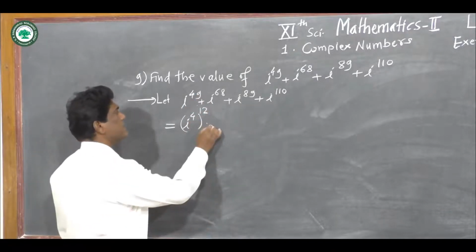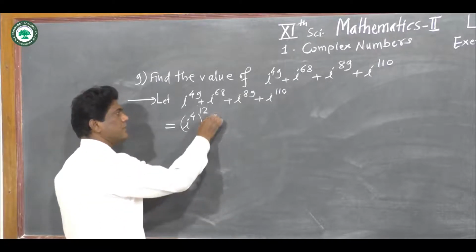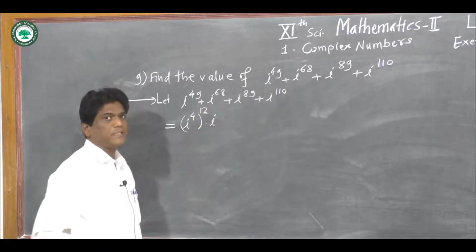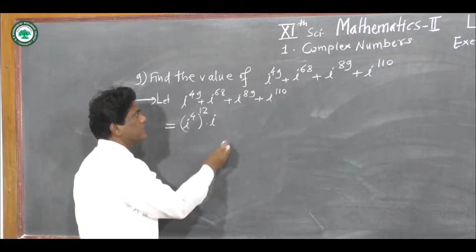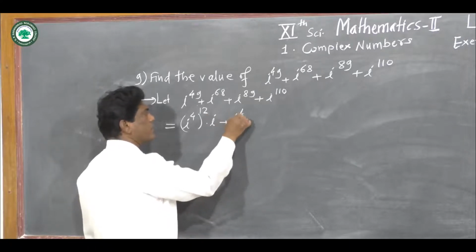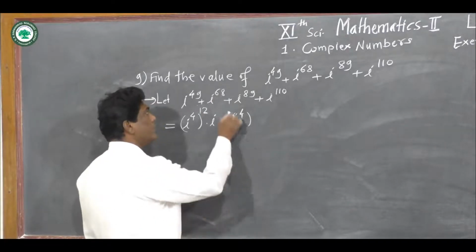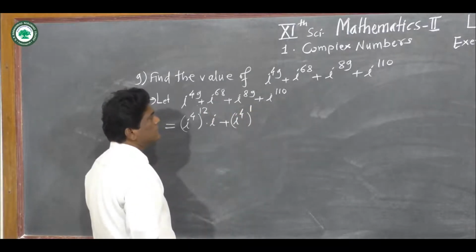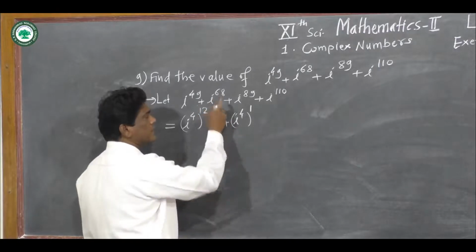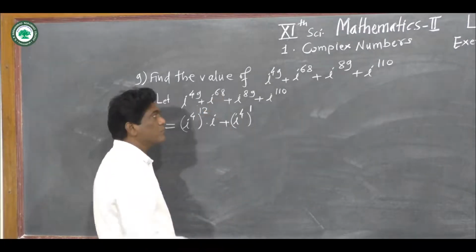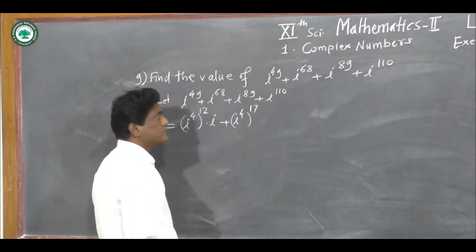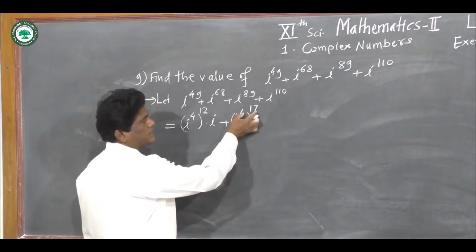So we write it as i to the power 1. There is no need to write here power as 1. Plus here i to the power 4, we have to divide this 68. Now here 4 ones are 4, 6 minus 4 is 2 and this 8 becomes 28. 4 sevens are 28. So 4 to the power 17.